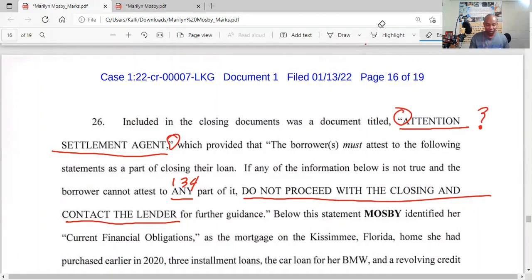If we read it in fiction or in plain English, it says included in the closing documents was a document titled, this breaks the continuance of evidence, but let's pretend that it doesn't, right? But it says titled, I don't know what this says. What is this? What does this say?